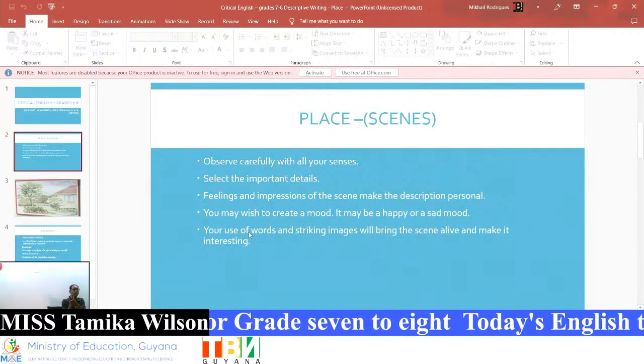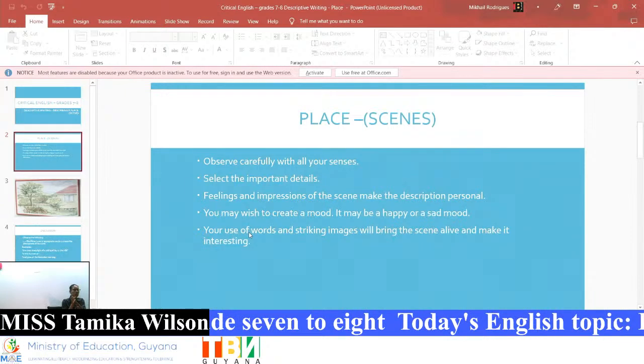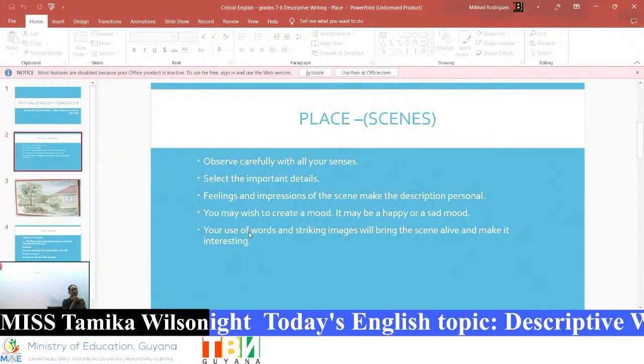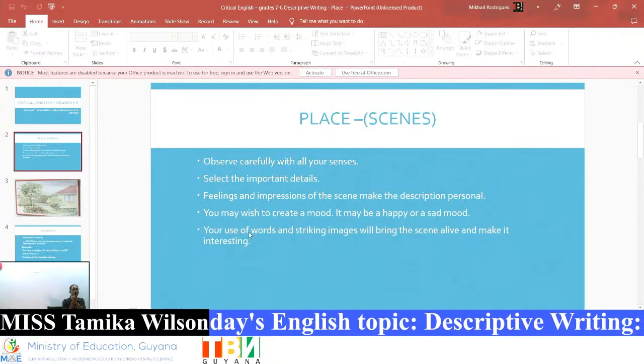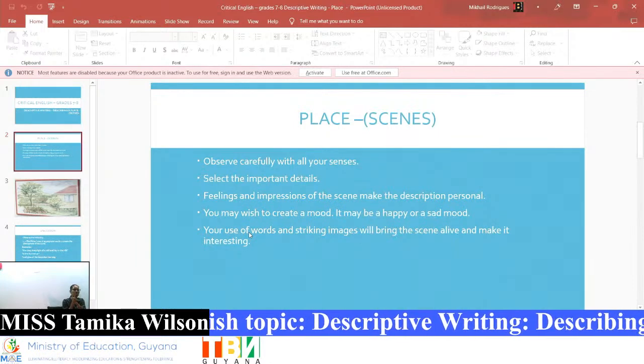In both types of description, we have got to make use of our senses. And that plays a critical role in doing a descriptive piece.